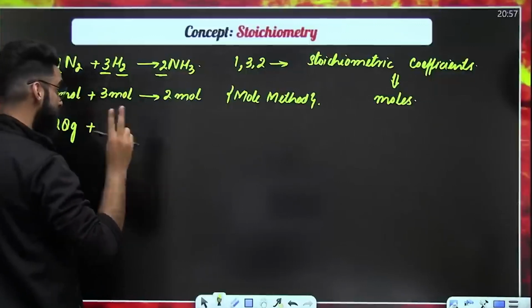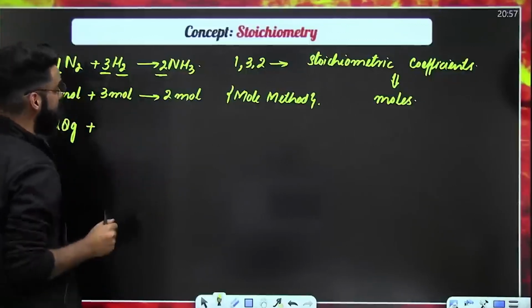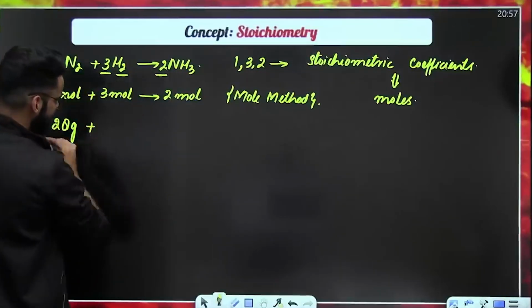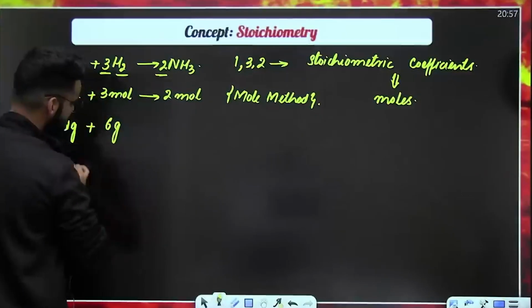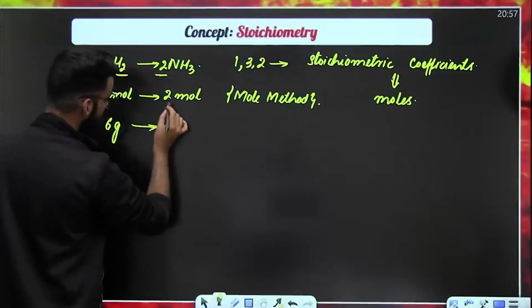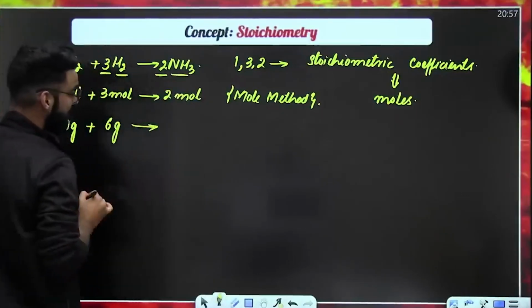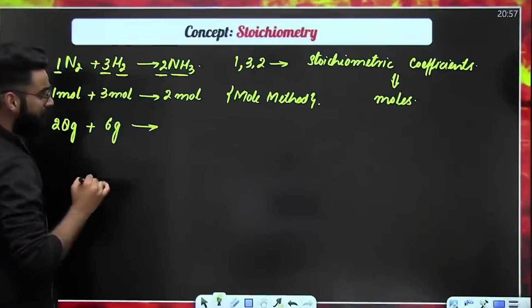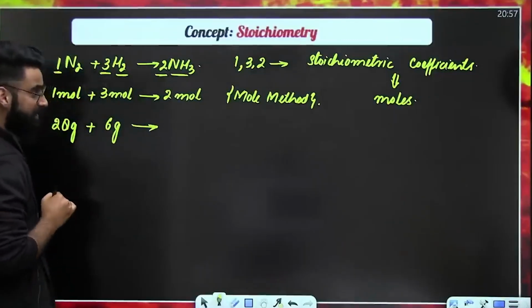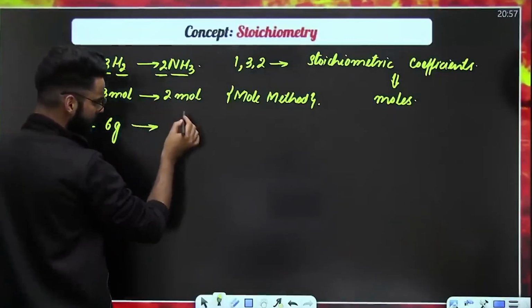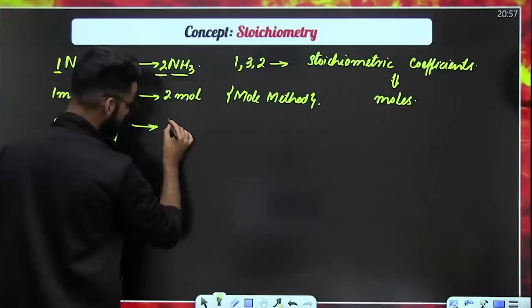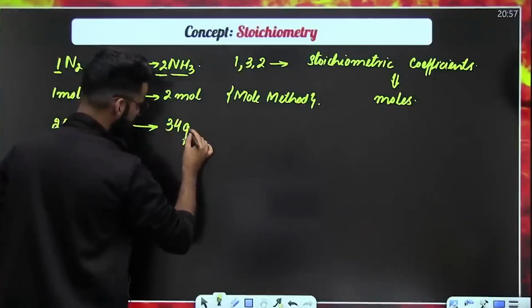You'll say 2 grams, the mass of 1 mole of H2. But here we have 3 moles, so the mass of 3 moles of H2 will be 6 grams. Molar mass of NH3 is 17 grams, the mass of 1 mole of NH3. Over here we have 2 moles, so the mass of 2 moles of NH3 will be 34 grams.